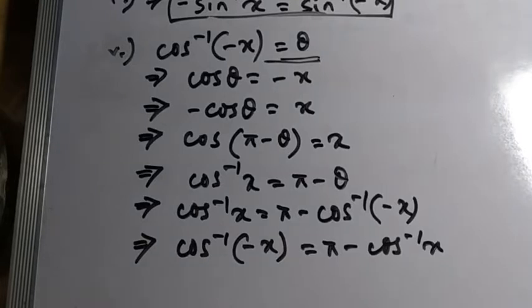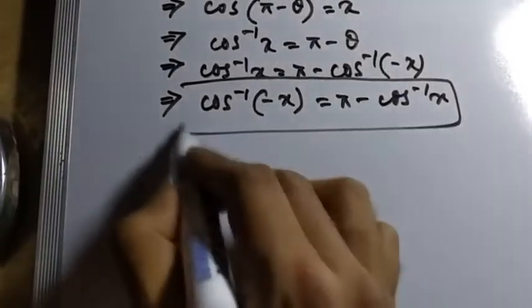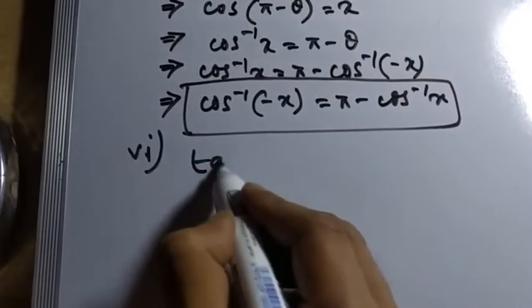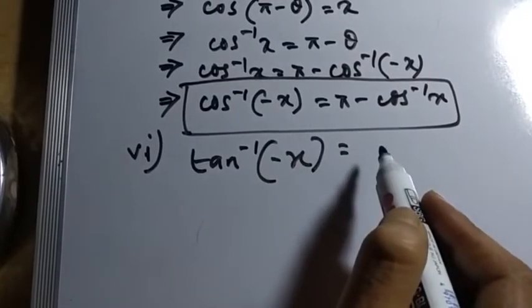So that's how we can similarly get the others. Let me box the formula. Similarly we can get for tan also that tan inverse of minus x is equal to minus tan inverse x.